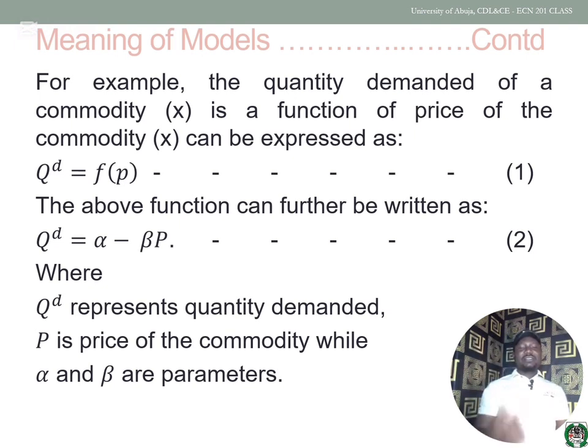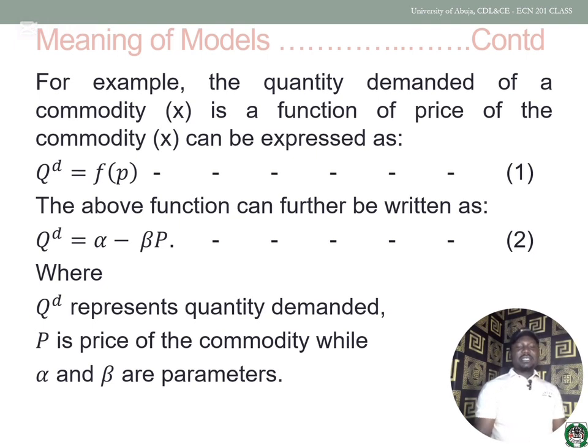So you say QD equal to alpha minus beta P. This alpha and beta are constants, parameters used in establishing this relationship. You can use A and B, you can use C and D. You are the one that will define it so that everybody will understand.